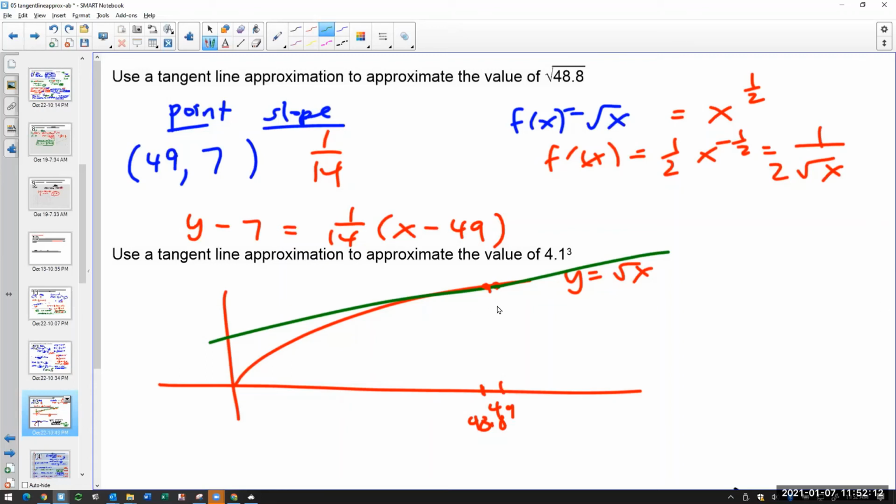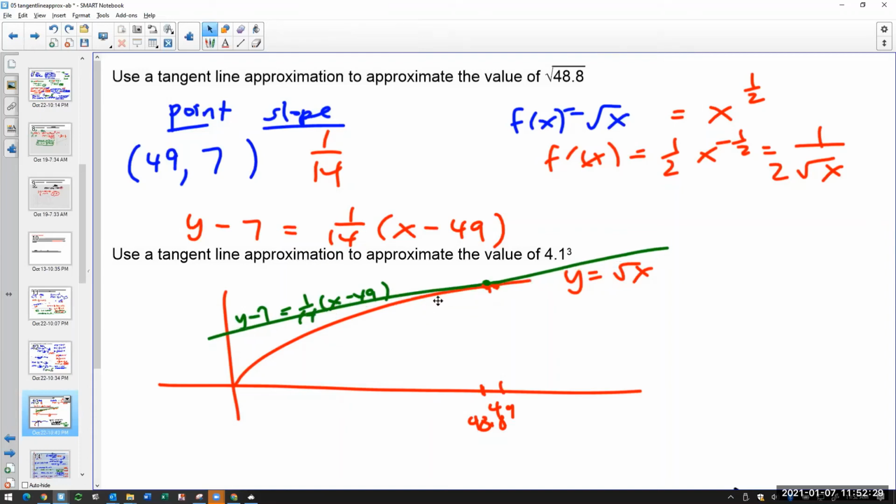Okay, so right here, if you put 48.8 into your green function, does that make sense? My green function is y minus 7 equals 1 over 14, x minus 49. It's right here. It's pretty close. It's actually above, so let me pull it up a little bit. It's pretty close to the red one. Not exactly, but it's pretty close. So let me see how close I can get.